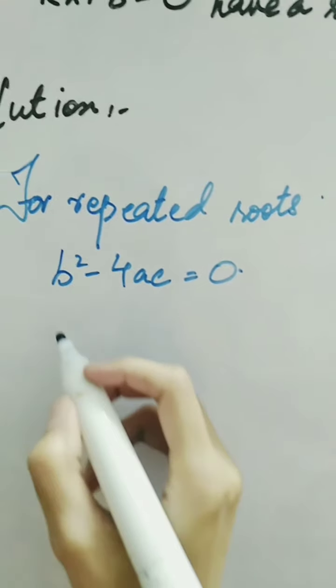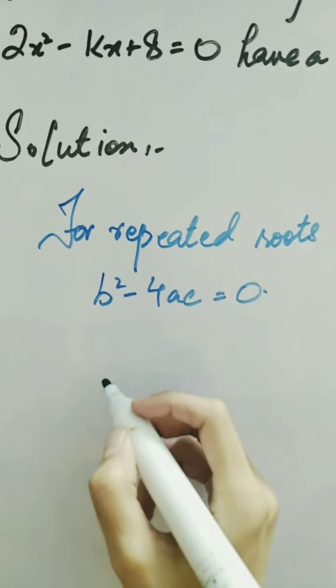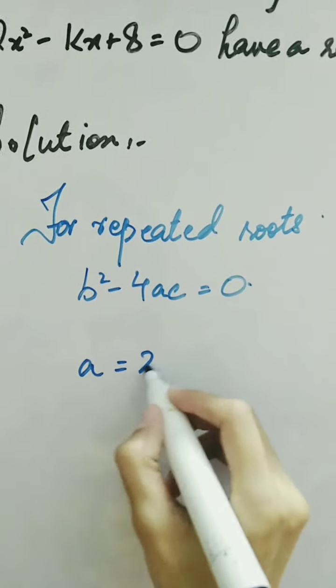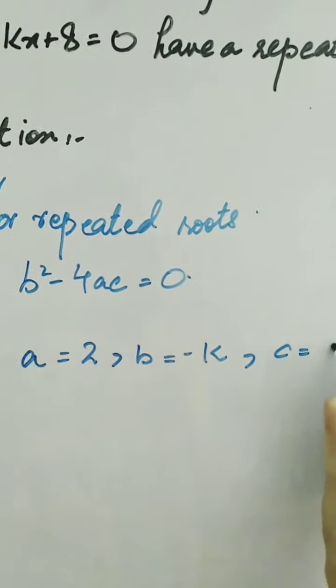Here in our given equation, 2x² − kx + 8, a is 2, b is −k, and c is 8.